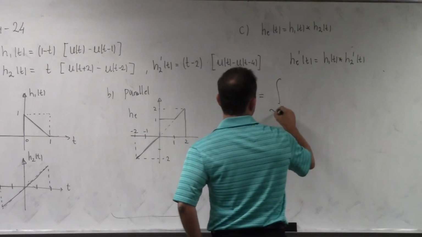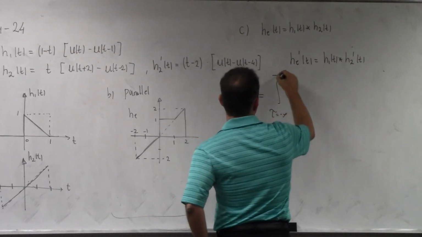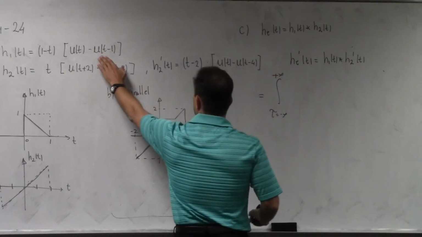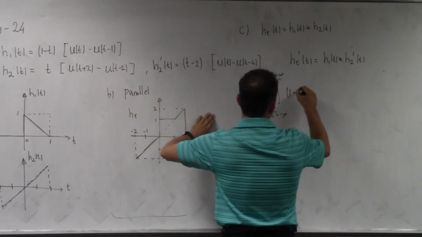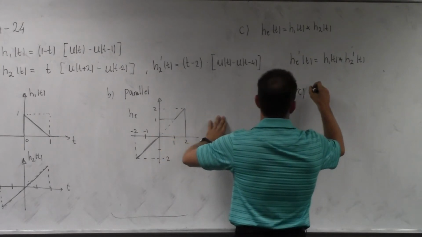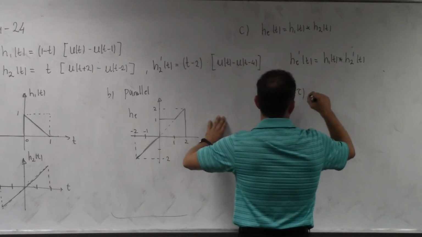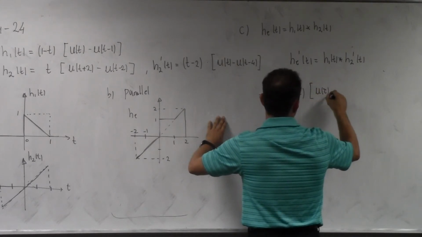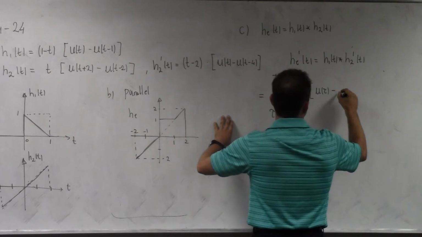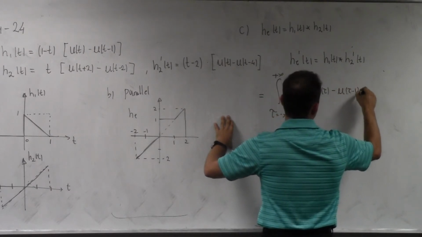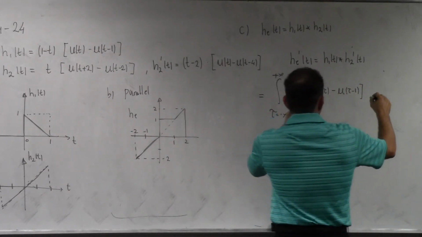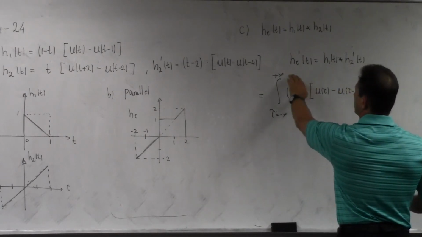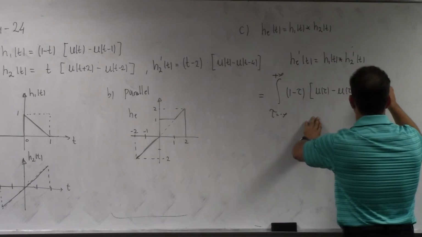So this is the integral when tau goes from minus infinity to plus infinity. H1 of tau, which is this guy, so it's going to be 1 minus tau. And let me write this. I can say u of tau minus u of tau minus 1 multiplied by this one, but with t minus tau.